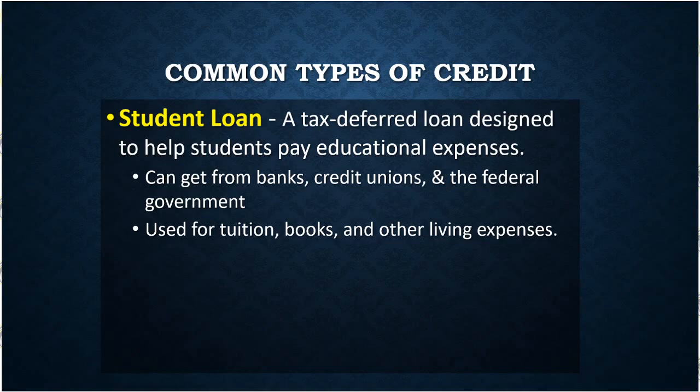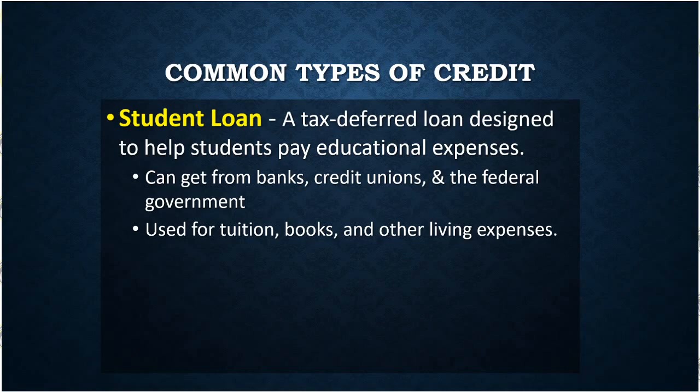A student loan could be used for any expenses that you incur while you're going to school. So generally speaking, people realize it's for tuition, books, room and board that you'd have in a dorm room, but it could be for other living expenses as well. If you live off campus and you have to drive in to the campus to take your classes, then you can use your student loan to put gas and oil in your car or to pay for public transportation, a bus pass, and things like that.